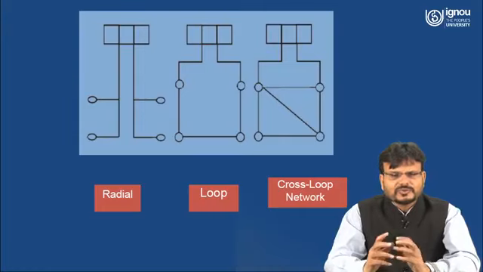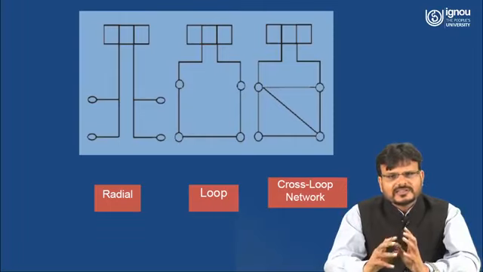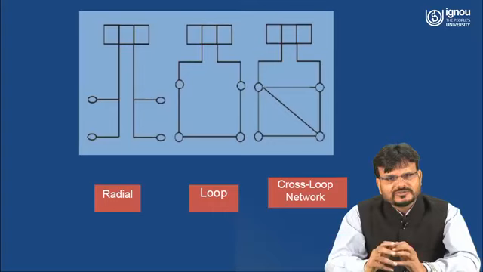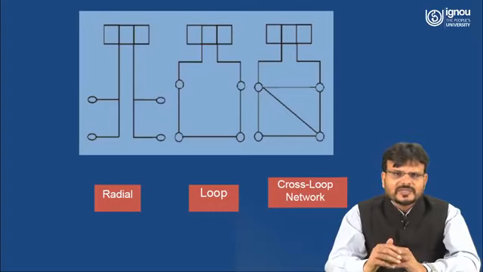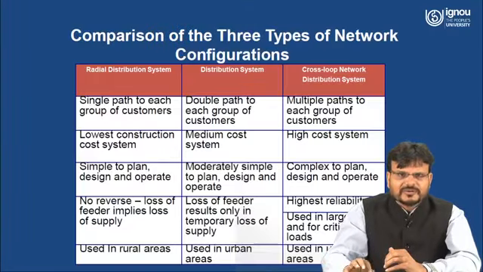For two groups there are two separate wires in the case of the radial, and in the loop, if there are two groups, two wires are used. That means it can be supplied from two sources, and in the cross loop network multiple loops are used for distributing the power.